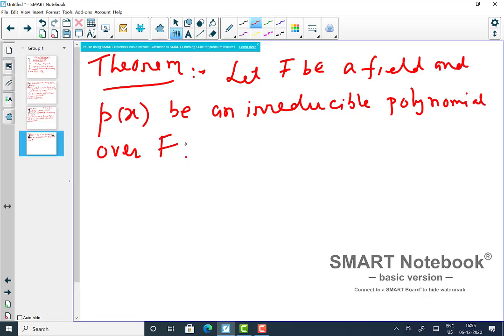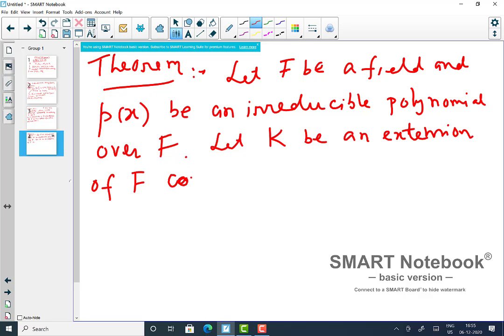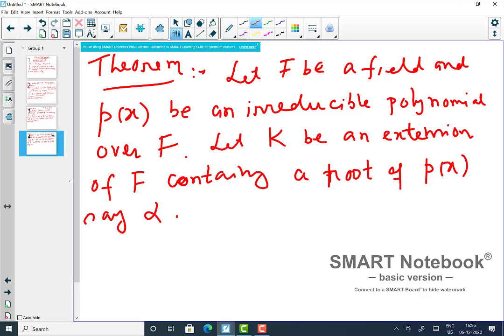So suppose K is an extension of F containing a root of p(x), because we know there is a field containing F and a root of this polynomial, say alpha is the root of p(x).